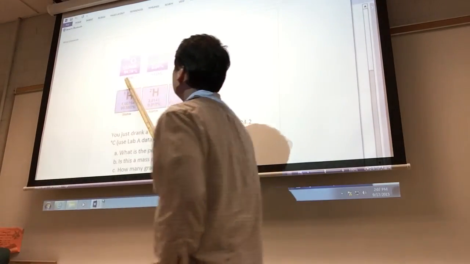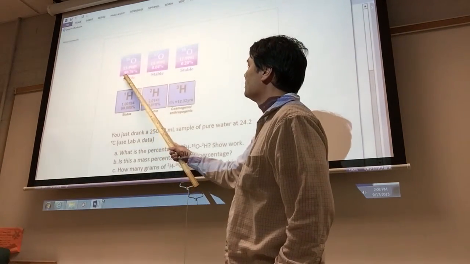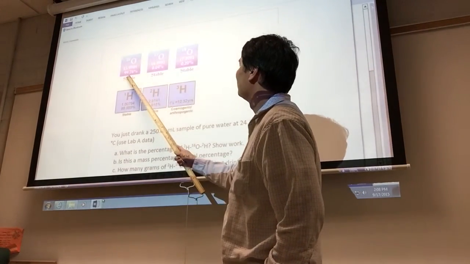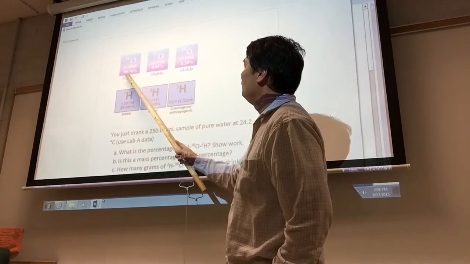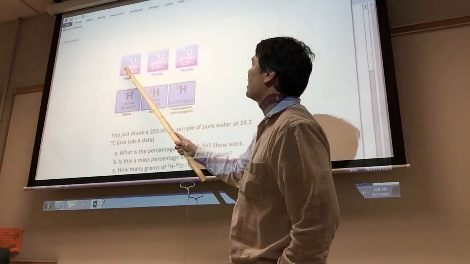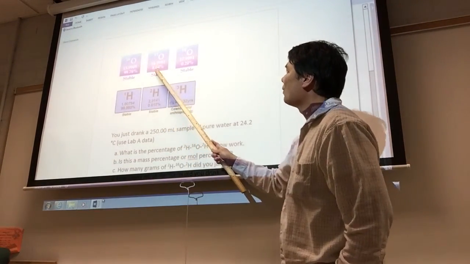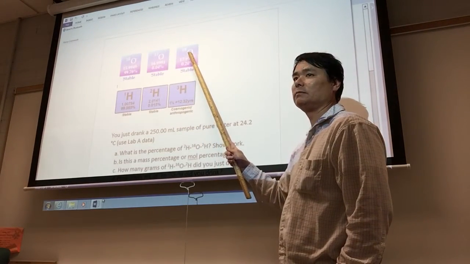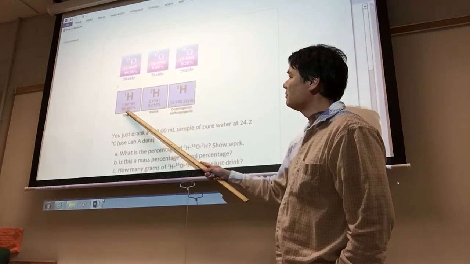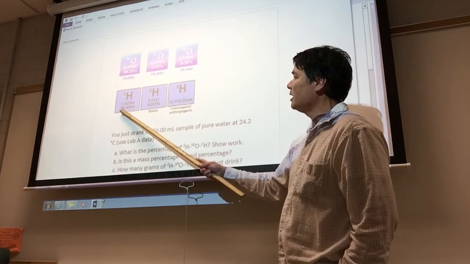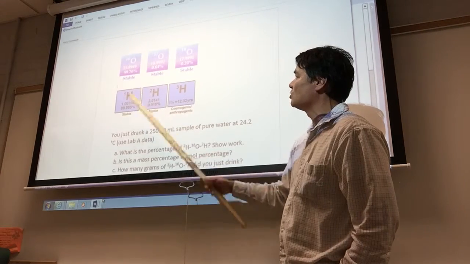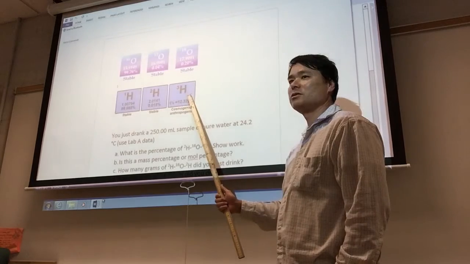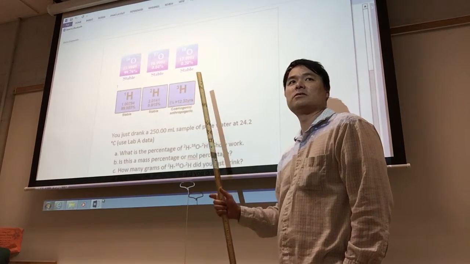And so the way I read this is, if I had 10,000 atoms, 9,976 of those atoms would be oxygen 16, 4 of those atoms would be oxygen 17, and 20 of those atoms would be oxygen 18. Down here I'd read this, if I had 100,000 atoms, 99,985 of those would be hydrogen 1, 15 hydrogen 2s, and pretty much no hydrogen 3s. Its abundance is quite small.